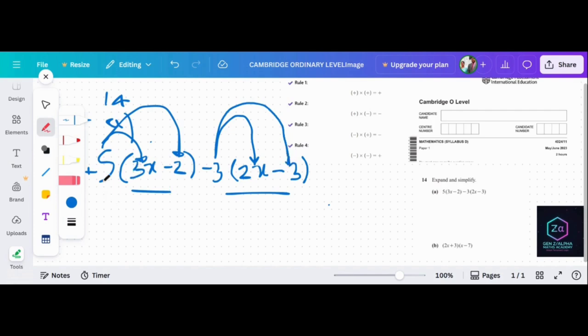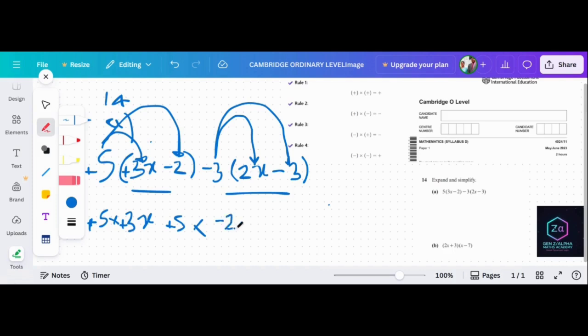So let's do 5 into 3x. Both are plus. We previously marked this number as positive, the plus 5. So plus 5 multiplied by plus 3x, right? Then after that, 5 into 2.